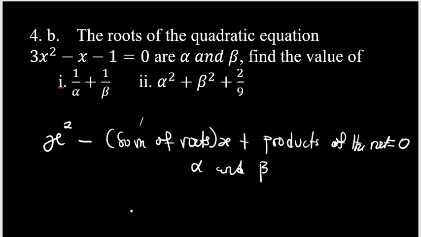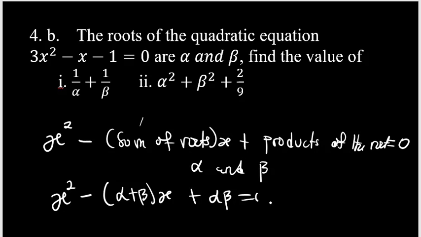So if you want to form the equation, it is going to be x squared minus the sum, which is alpha plus beta, x plus the product, and the product is alpha beta, and that is equal to 0.